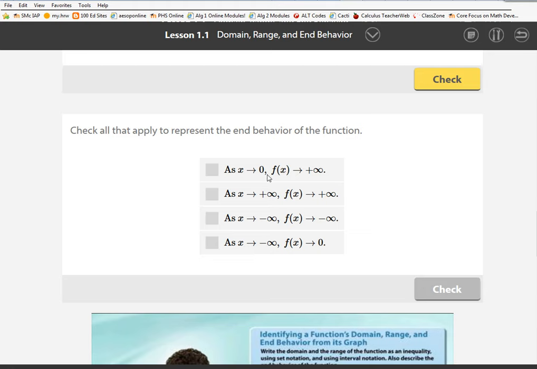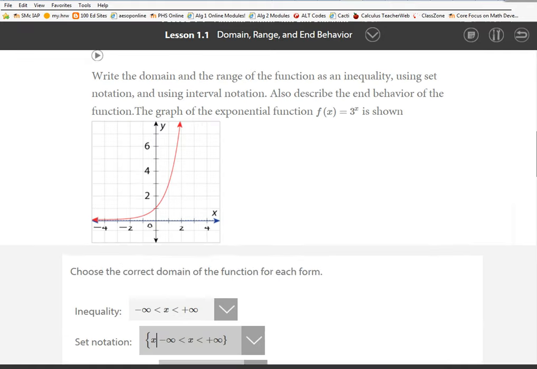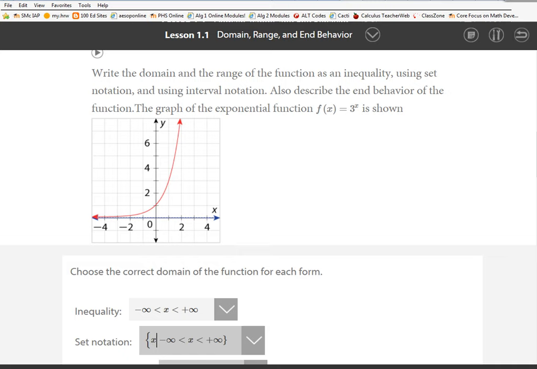The way we would say this is, as x approaches 0, so the arrow makes sense, right? As x approaches 0, f of x, a fancy name for what? Y, approaches infinity. Is that true? No, it's not, is it? As x approaches 0, what does y approach? 1, right? And it actually is 1, right?